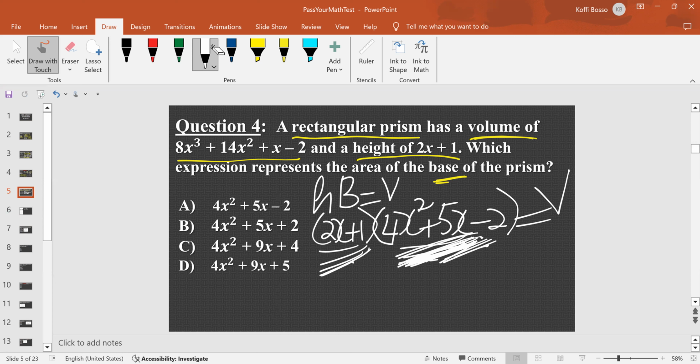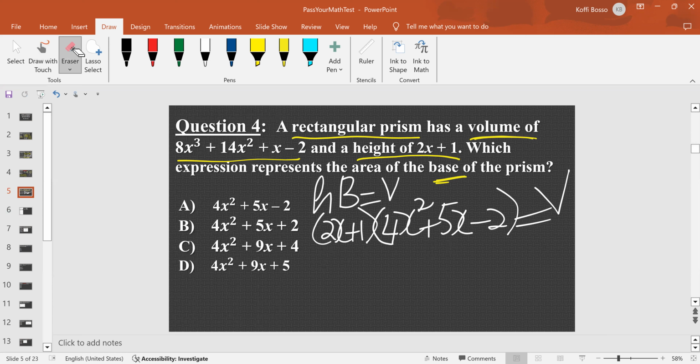Now, to save time, let's show you a strategy. You don't need to do this for all of the 4 answers before you get your answer. The thing is this, when you have 2x plus 1 multiplied by 4x squared plus 5x minus 2, we use the distributive law. That means you take a 2x and multiply by 4x squared. You take the same 2x and multiply by 5x.